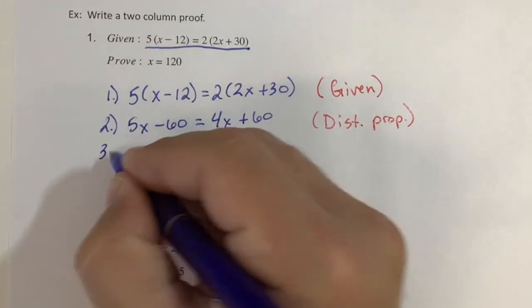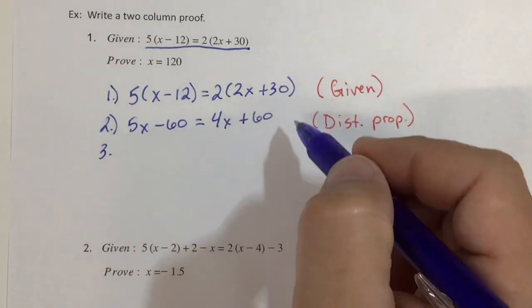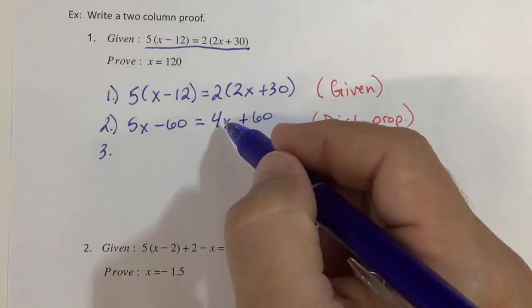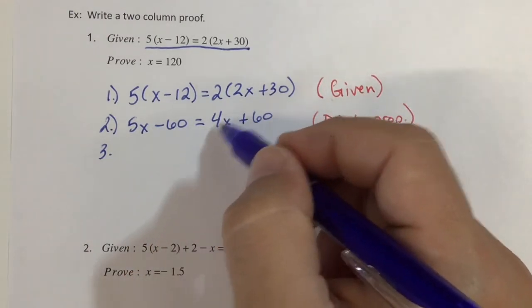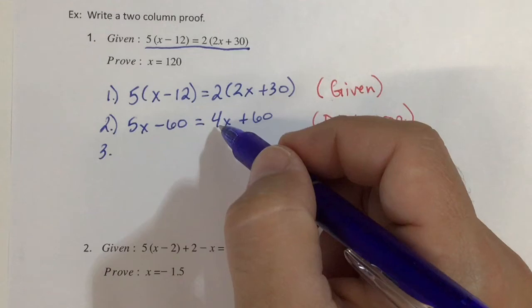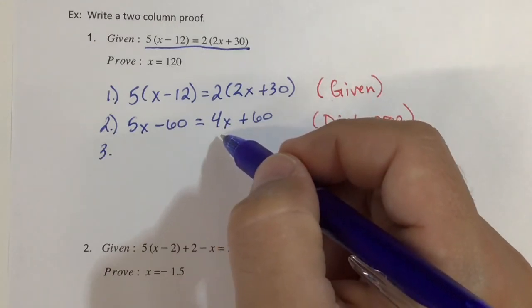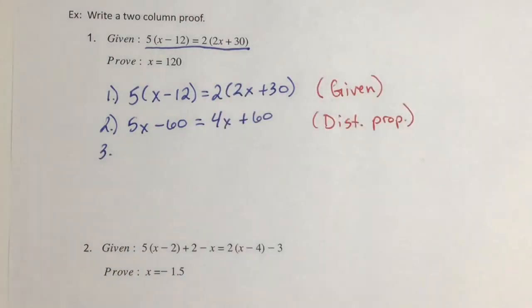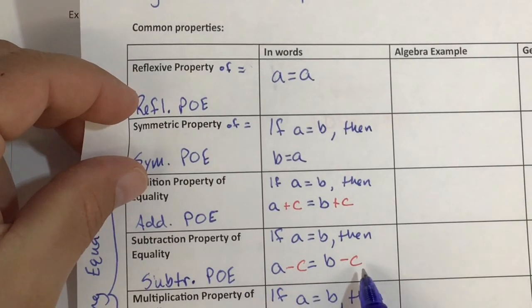The next step. Now this is where some of you might do things a little differently than I do. I like to get the variable on one side only first. So what I'm going to do is cancel out this 4x. Well, in order to cancel out the 4x, I would need to subtract it from both sides. Since I'm subtracting 4x from both sides, I'm going to be using the subtraction property of equality.